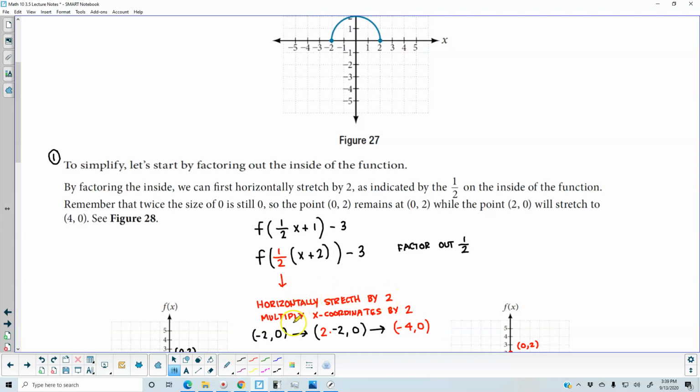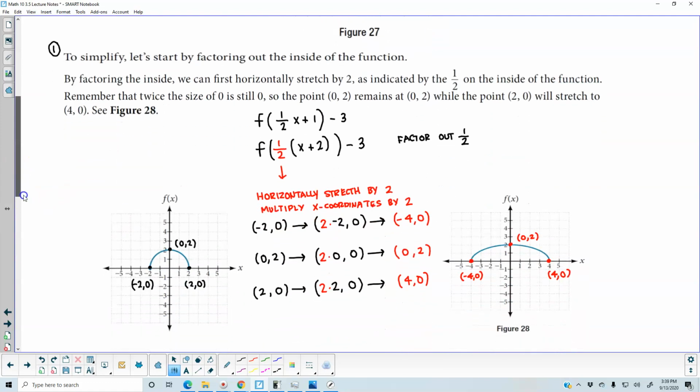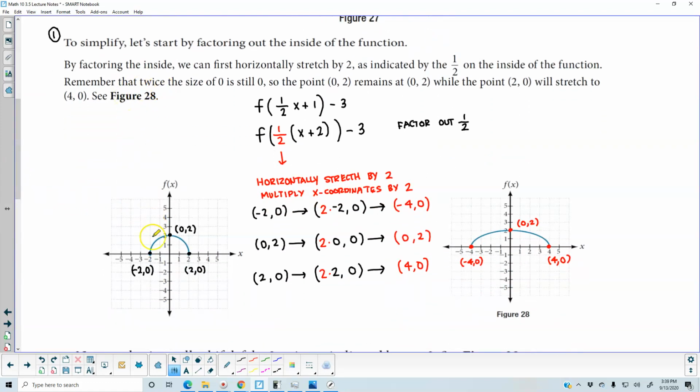That means we need to multiply x coordinates by 2. So in our graph, we're going to look at those points. We have -2, 0, we have 0, 2, and we have 2, 0 from our graph above. So now again, we're going to horizontally stretch by a factor of 2 by multiplying all the x coordinates by 2.